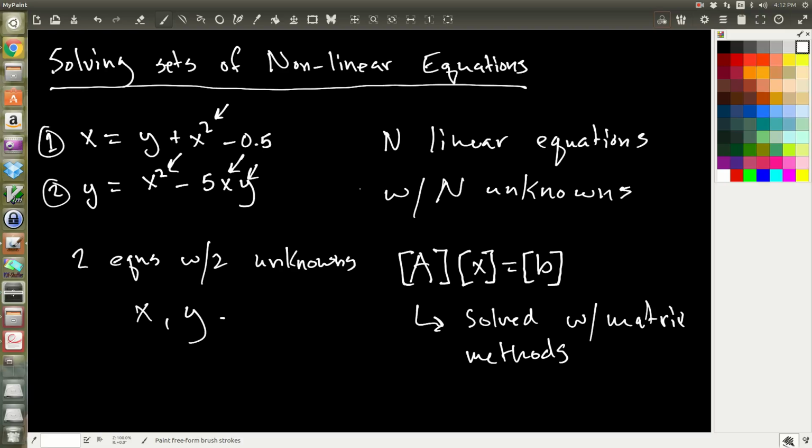And so I can't formulate this into a set of matrix equations like this linear set of equations over here. So how do I solve a set of nonlinear equations and find out the solution?